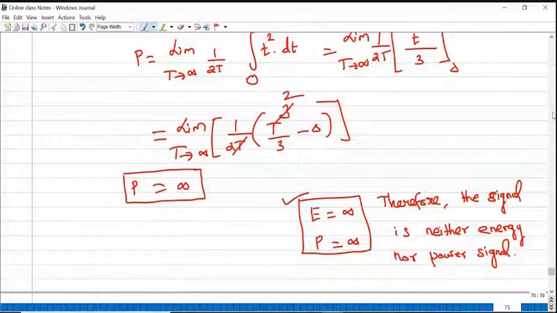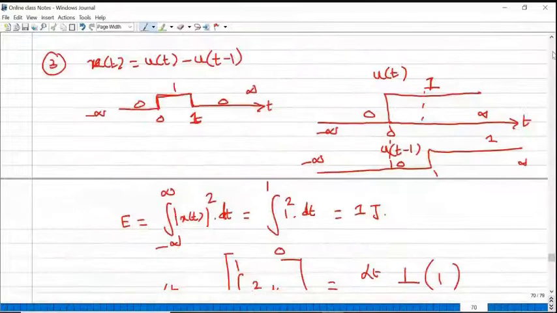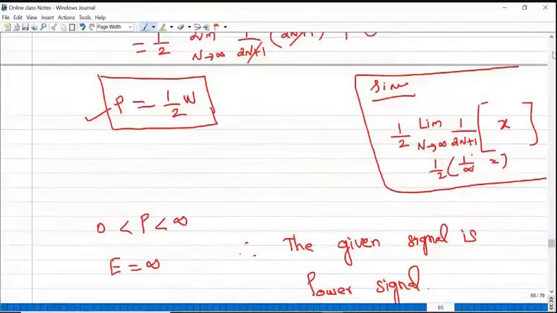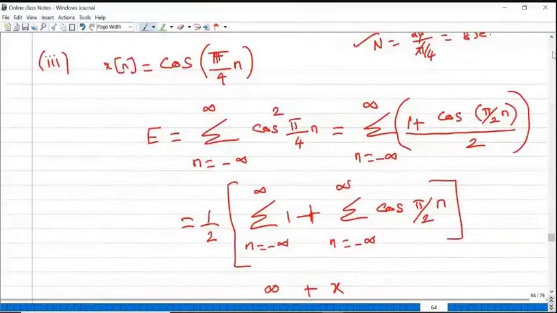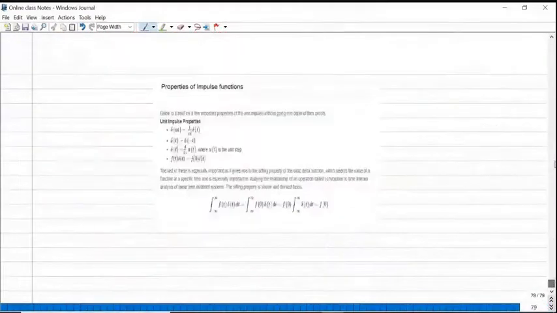So got it? How to solve energy signal and power signal? Any doubt? I will upload this written PDF in the Google Classroom, once I have completed the first half of the syllabus, as some portions are still remaining.